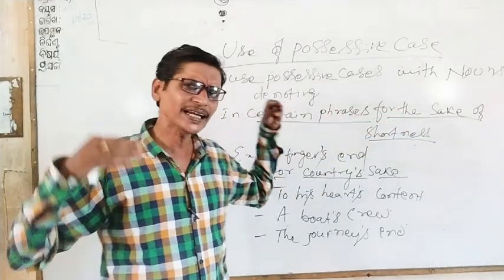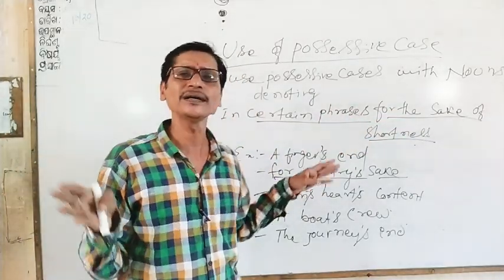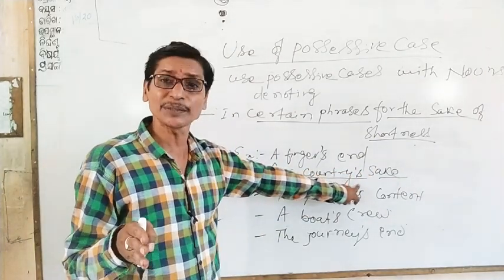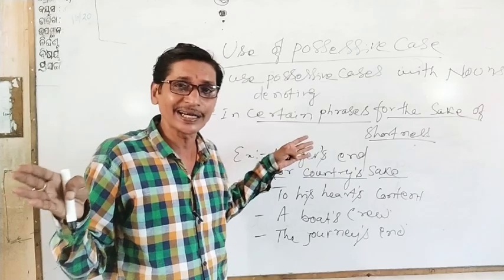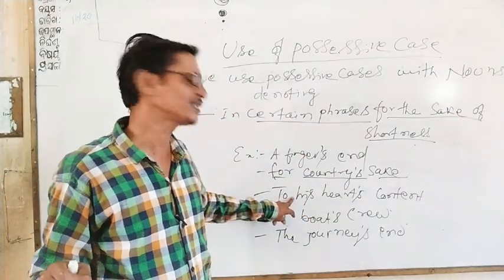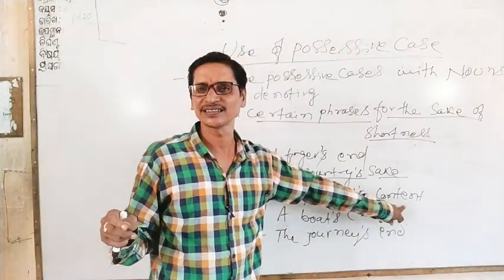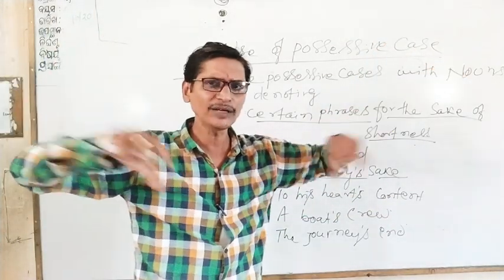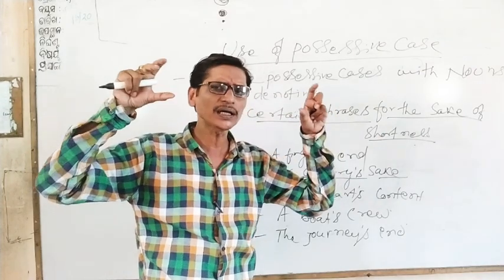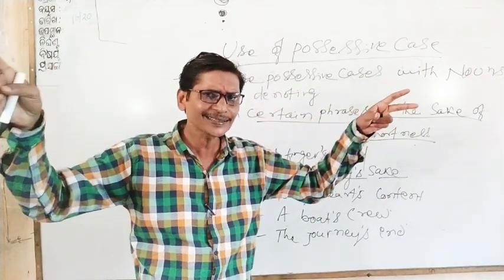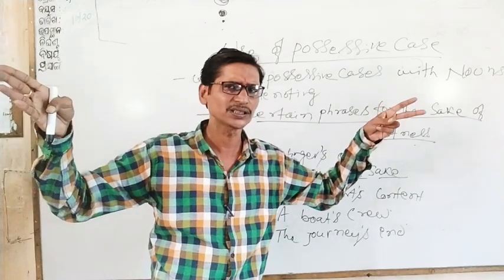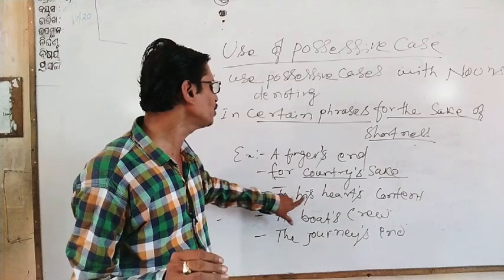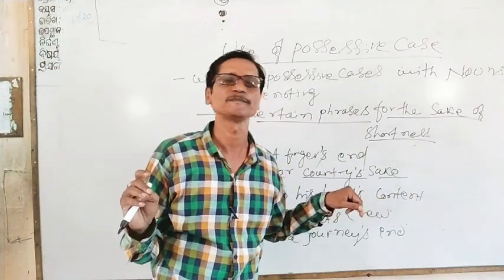So instead of writing a long statement, here we have made it short. So by using possessive case with the noun we made it short. Similarly, his heart's content. That means the content of his heart. When we are talking about the content of his heart, it takes a lot of words and makes our sentence longer. So to make it a shortcut, we have made it his heart's content.